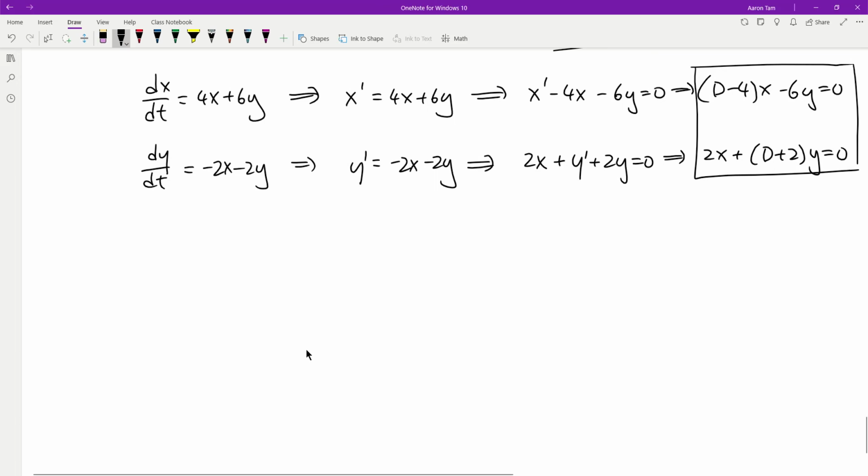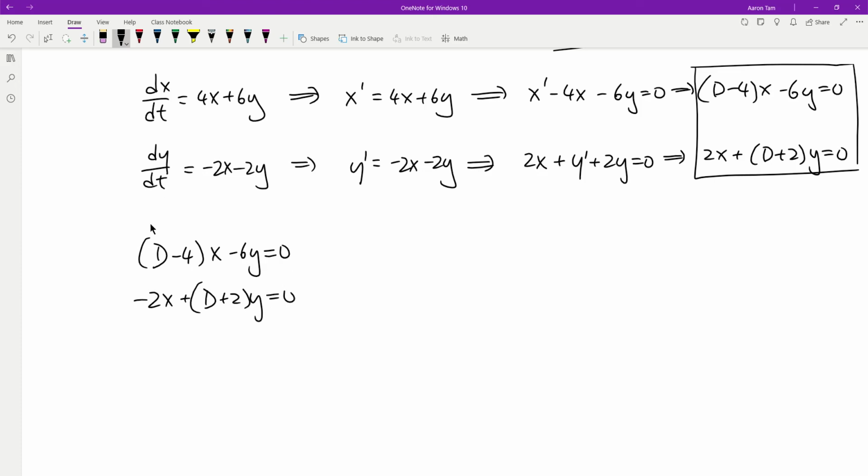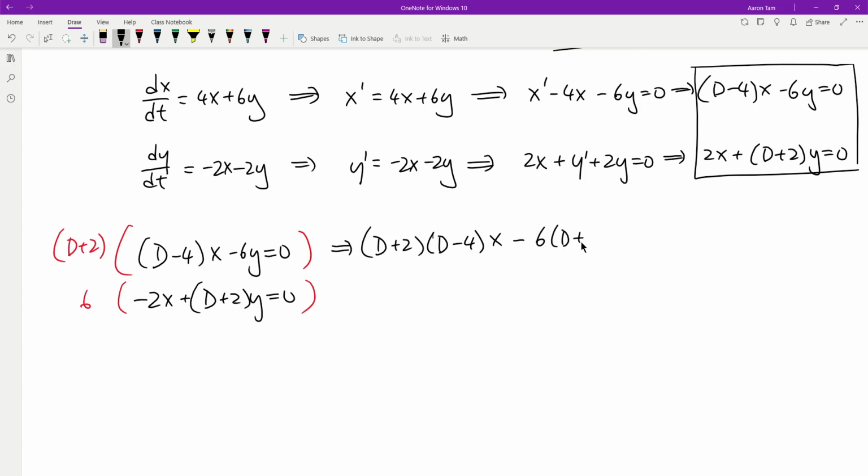So this time we try to get rid of y instead. So I'm going to take the top equation and the bottom equation. We'll take the top equation and apply D plus 2 to it. We'll take the second equation and apply 6 to it. So the first equation becomes (D plus 2)(D minus 4) of x minus 6(D plus 2) of y equal to 0.